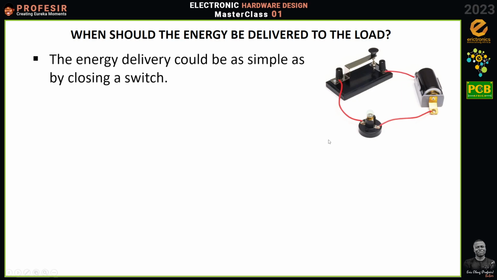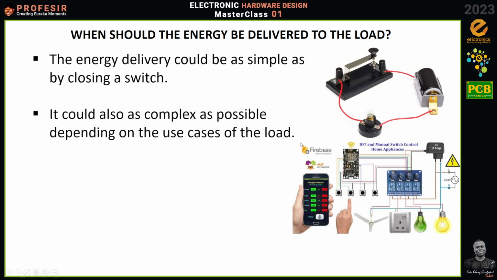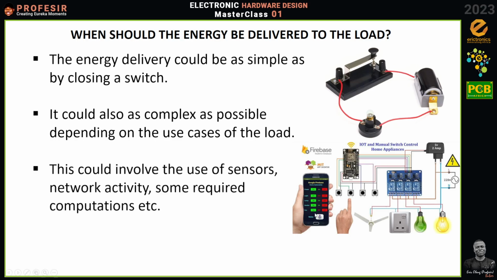Okay. Now, this thing can also be very complex. Typically we could have the control or the instruction coming from a mobile phone through some IoT network, through some systems of Wi-Fi, relay connections, and all that. Okay, which is actually something we'll be building.